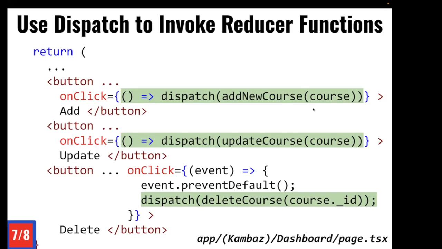The payload is whatever we pass here. So the payload here is the course, for updating the course, or a primary key or a string or number. It could be as simple as a primary key, or as complex as an array or an object.